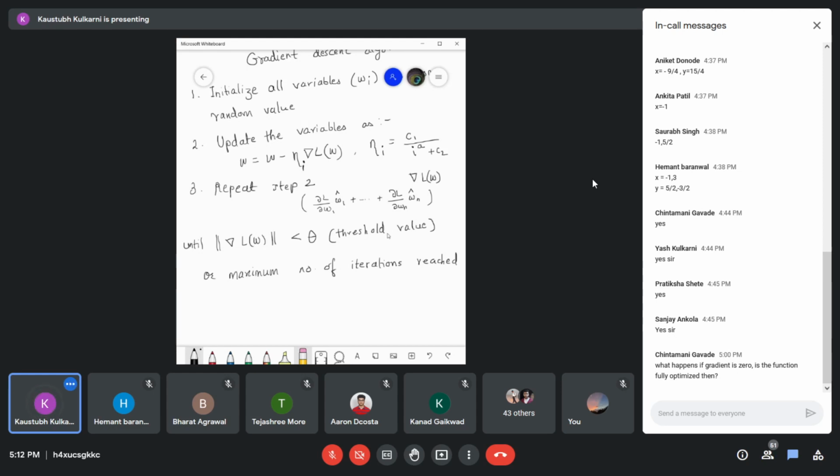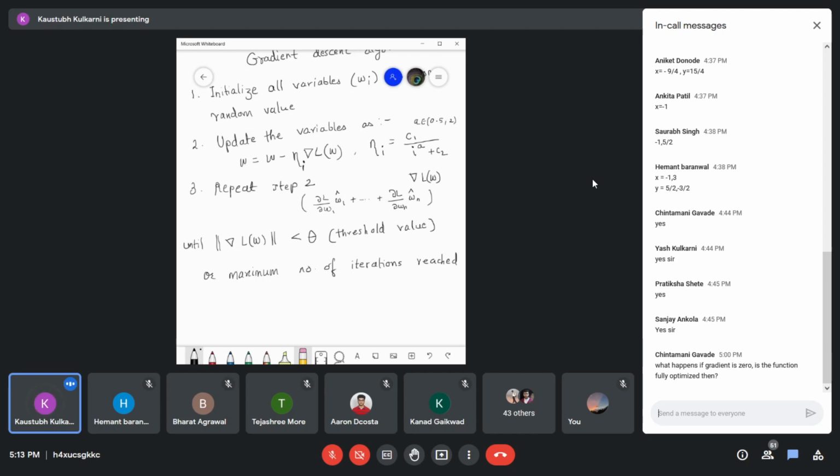C1 has to be greater than 0, and it cannot be 0. C2 can be greater than or equal to 0. And A is a value always between 0.5 and 2, exclusive. A lies between 0.5 and 2.